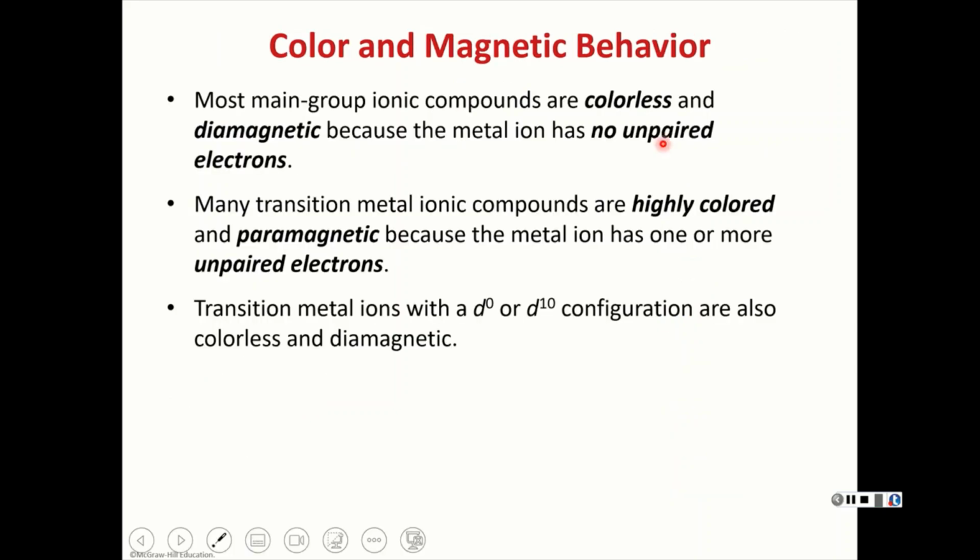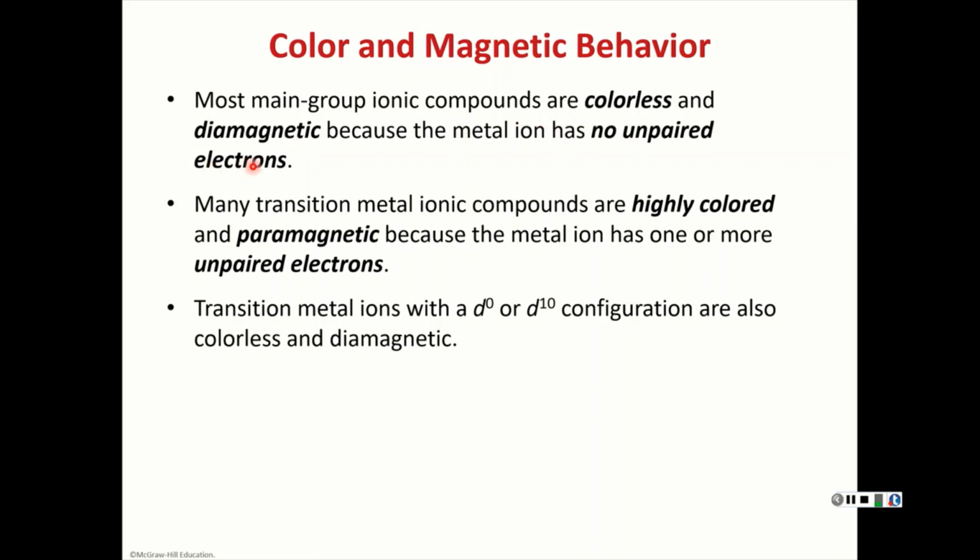Okay. It turns out that the color and magnetic behavior of compounds made with transition elements, those properties, really depend on the electron configurations, right? And as we mentioned before, main group ionic compounds are colorless and diamagnetic. And that's because the metal ion has no unpaired electrons.